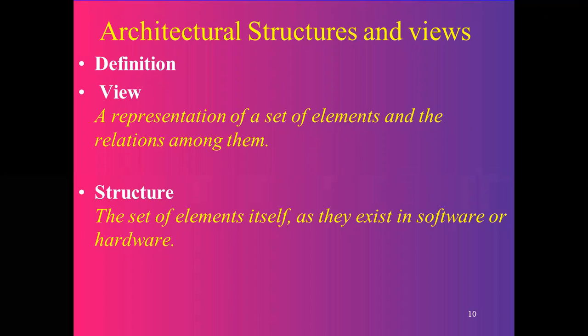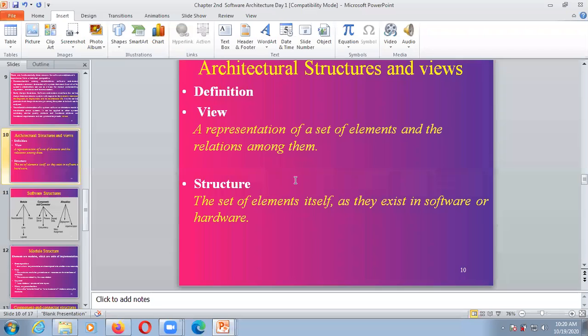Set of elements means modules or the components of that software architecture or system. Then structure is the set of elements itself. The structure of the system, or the software or hardware part of that system. This is the whole structure of that system. So everybody understood here?